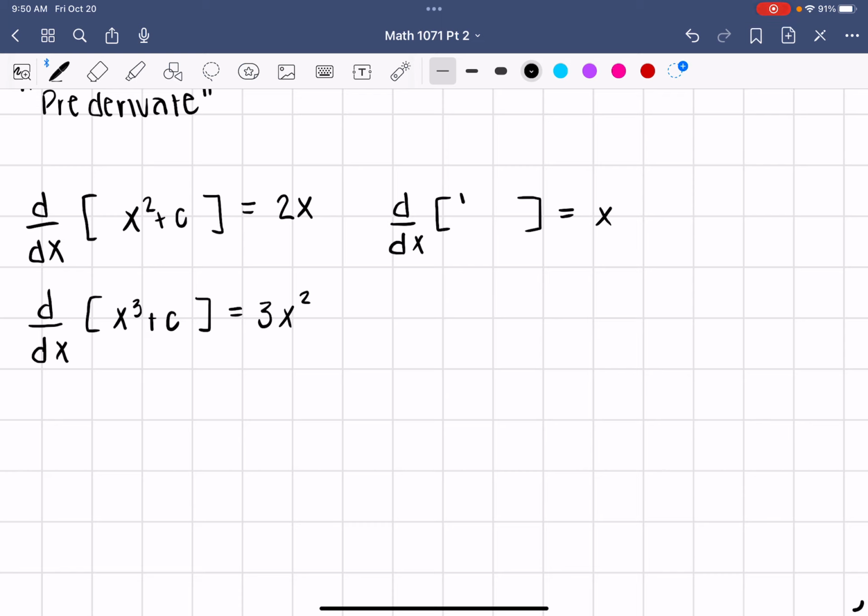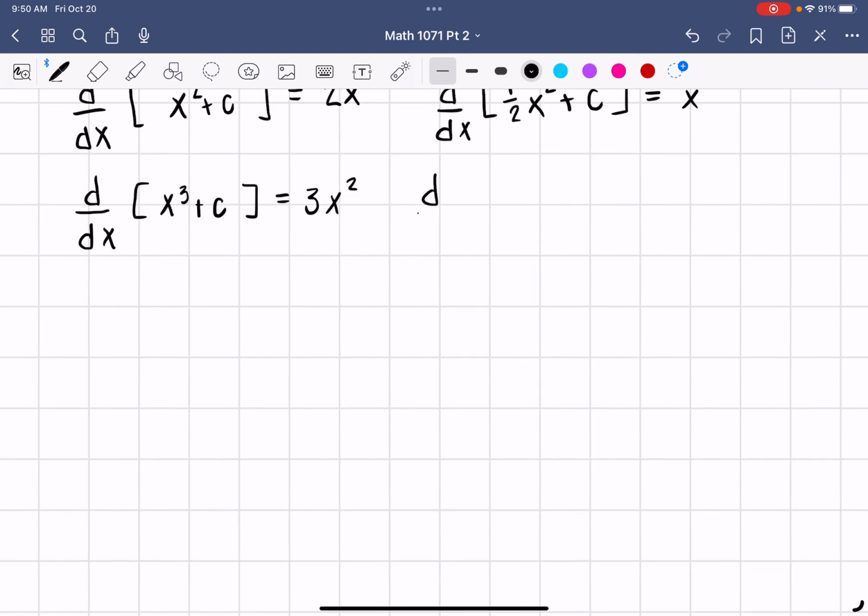Here, let me play the same game down here. Instead of 3x squared, I just want to end up with 1x squared. How do I modify this? A third?